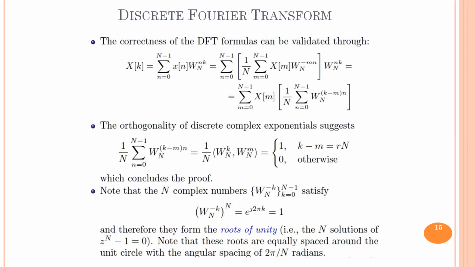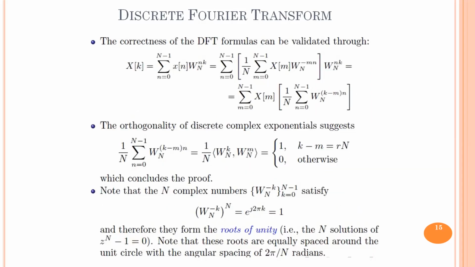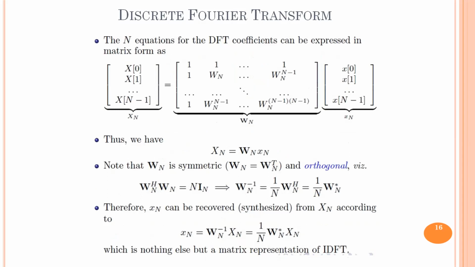So there you will get the same formula related to your twiddle factor, and we can represent our discrete Fourier transform in terms of matrices also, because omega N nk, which are twiddle factors, we can write as a matrix related to the twiddle factor.